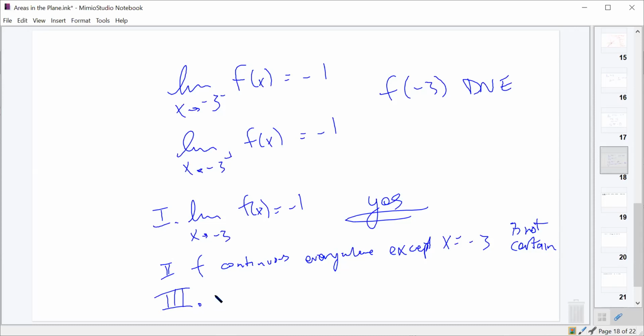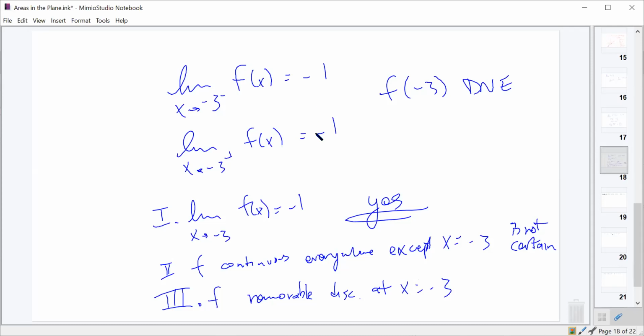And then number 3 says f has a removable discontinuity at x equals -3. Well, we know the function doesn't exist there, so it's got some kind of discontinuity. It certainly can't be a jump discontinuity because we're approaching -1 from both sides.